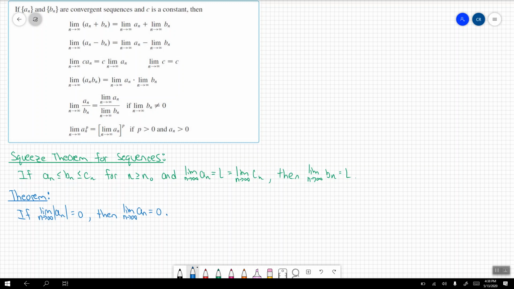So think about that for these alternating sequences that we can find. If their absolute value converges to 0 as n goes towards infinity, then naturally that alternating sequence will converge too. Now, we have to be very, very careful here. The converse is not true.